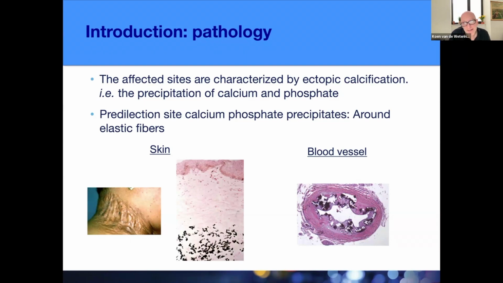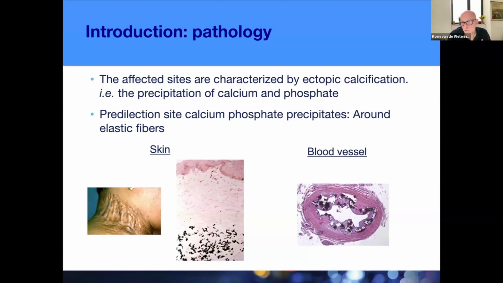So the same thing, calcification, also happens in blood vessels, in arteries. An example is shown here. This is not an artery of a PXEer, but an artery of a PXE mouse, because we have a mouse model for human PXE.